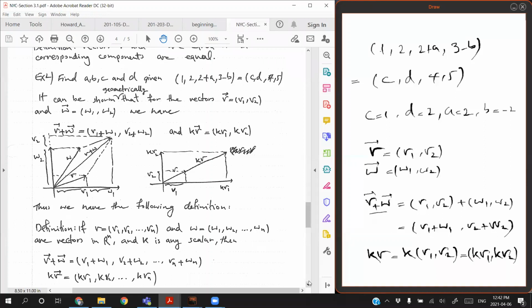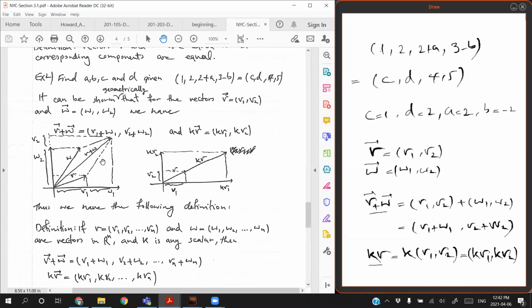They're going to be the same. And also the same is true for scalar multiplication. We can show geometrically in two-dimensional and three-dimensional space that if we multiply a scalar k by every component of the vector v, then this definition is going to be in accordance with the geometric one.